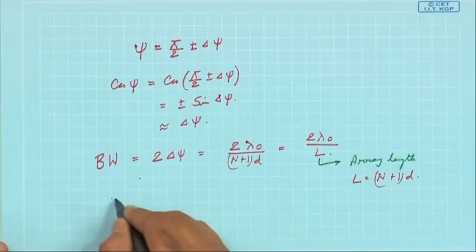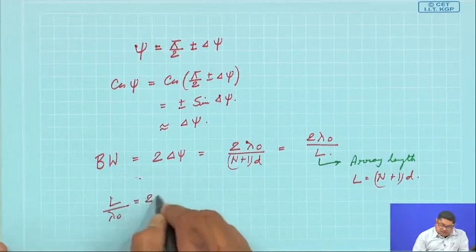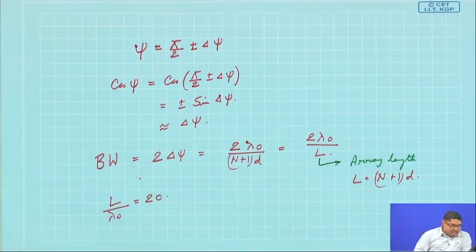So, for a beam width of 6 degree, an array of L by lambda naught equal to 20 is required. And if d is almost equal to lambda naught, you can say a 20 element array is required.